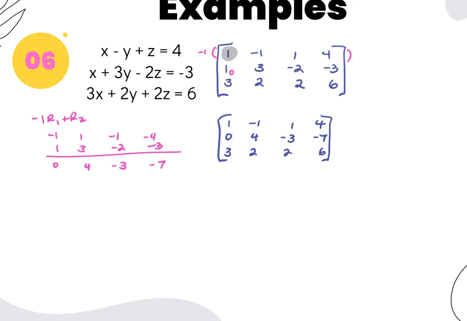All right, now I want to get a 0 where the 3 is. How do I do that? Good. -3, row 1 plus row 3. So I'm going to do -3 times the top row. -3, +3, -3, -12, plus 3, 2, 2, 6.